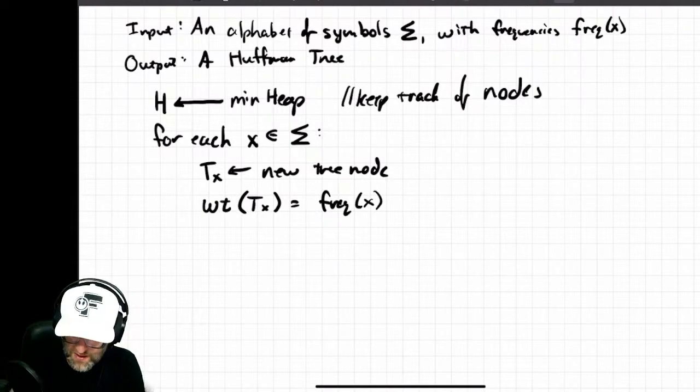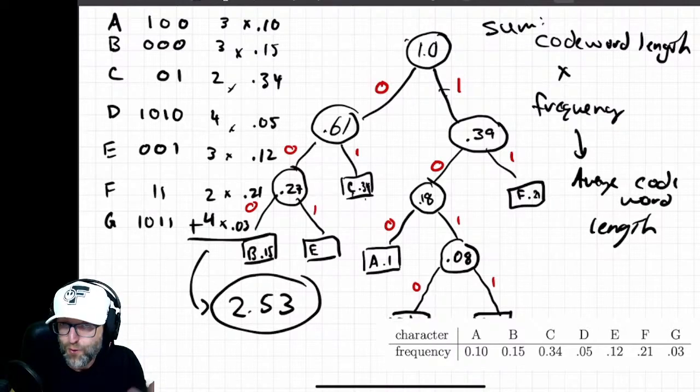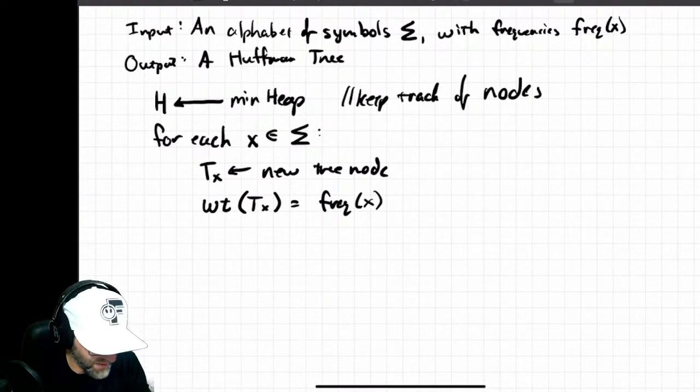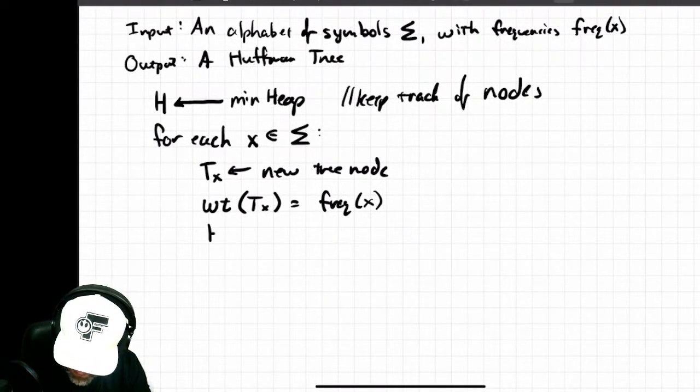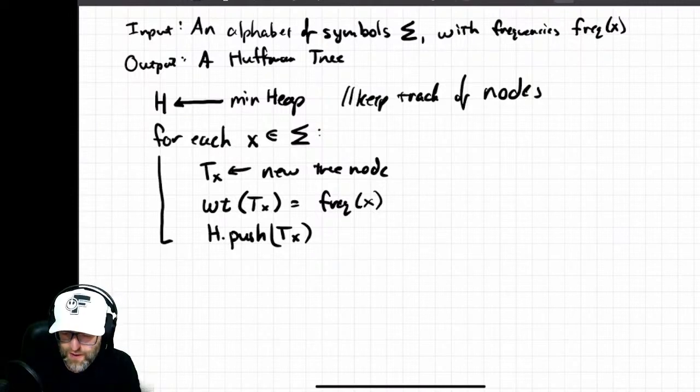Just like I drew it over here, I drew C and then 0.34 here. I'm putting both of those pieces of data into that node. And I will insert it with h dot push t sub x.